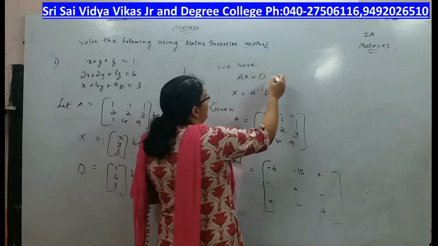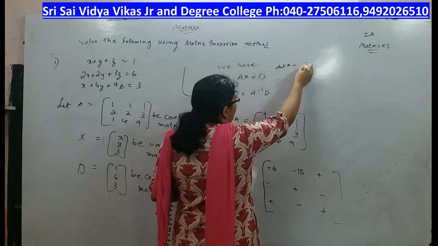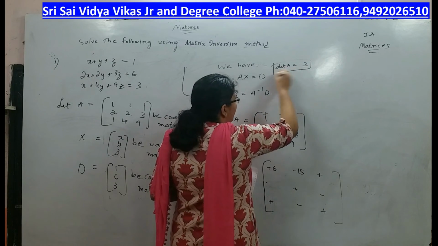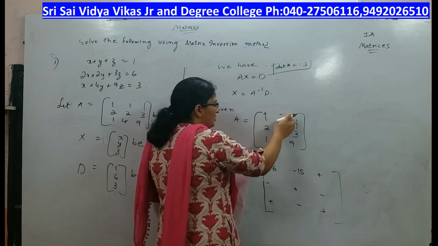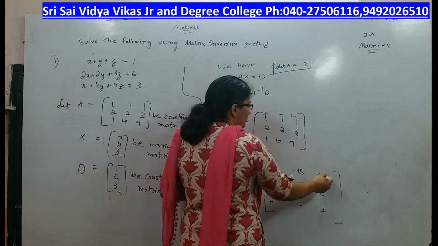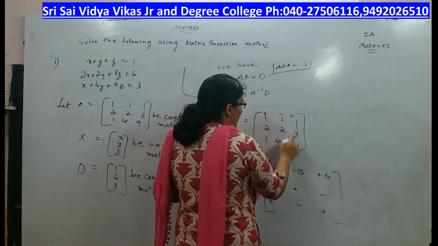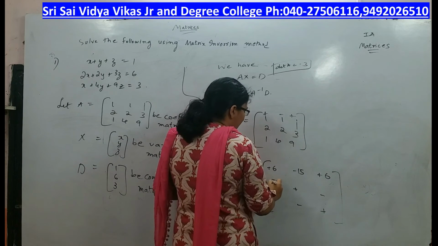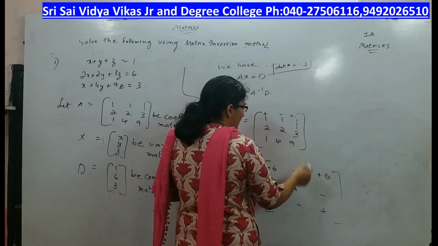You got det A value as minus 3. Remember this value. Next, close this column, close this row. 2 4s are 8, 8 minus 2, 6. Close this column, close this row. 9 minus 4, 5. Close this column, close this row. 9 minus 1, 8.